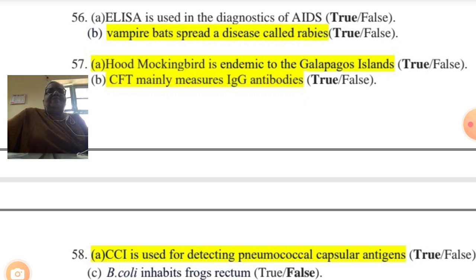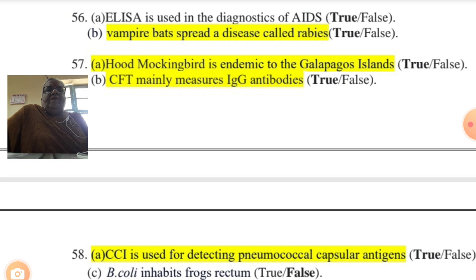ELISA is used for the diagnosis of AIDS. We have discussed in our previous classes various molecular diagnostic techniques, and one such technique happens to be ELISA. To remind you, it stands for enzyme linked immunosorbent assay, and we had discussed that it is used as a diagnostic tool for viral infections, and especially in the diagnosis of AIDS.